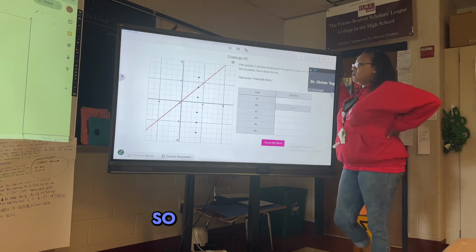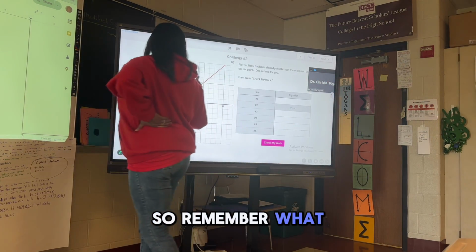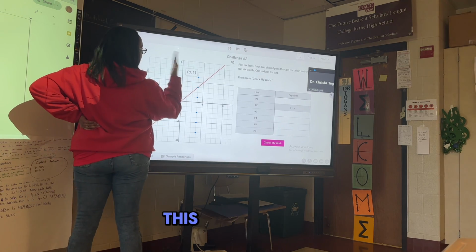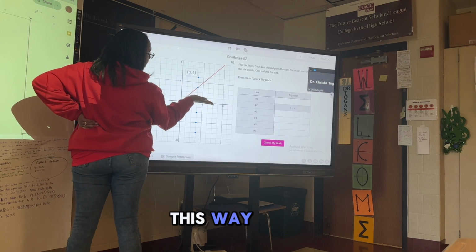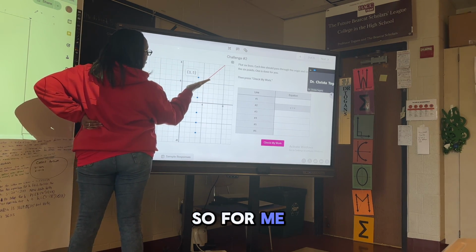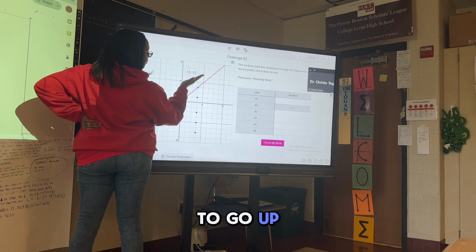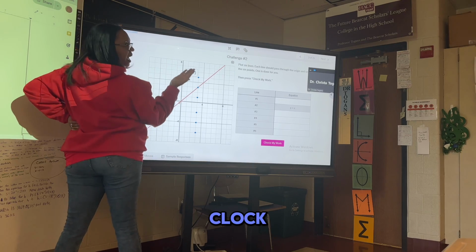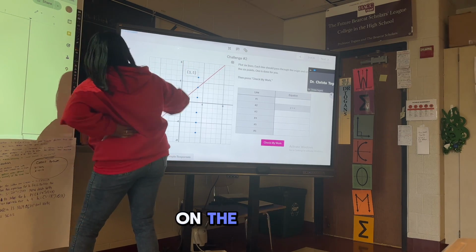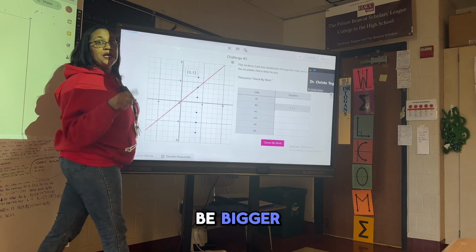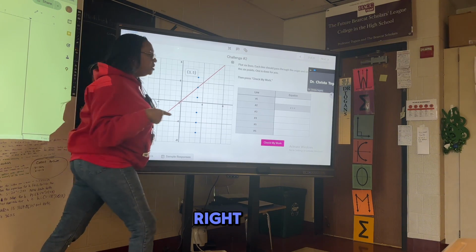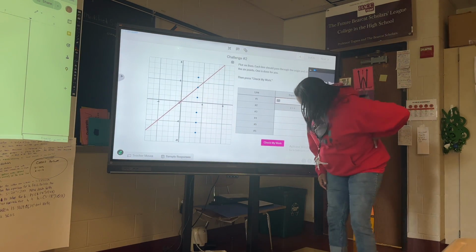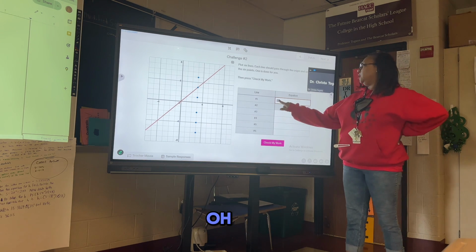All right, so remember what makes it go through if it's moving this way versus this way. For the line to do a counterclockwise turn, like a hand on a clock, that means the number needs to be bigger, right? So I should type y equals something here. Where's the keyboard? Oh, duh.